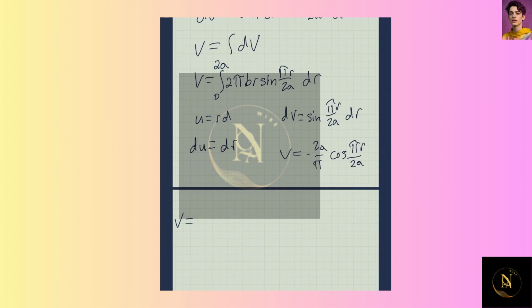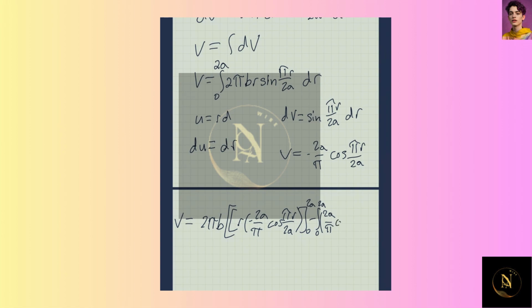Now for integration by parts, the integral is going to be equal to uv minus the integral of v du. So you can multiply u times v and get this, from 0 to 2a.